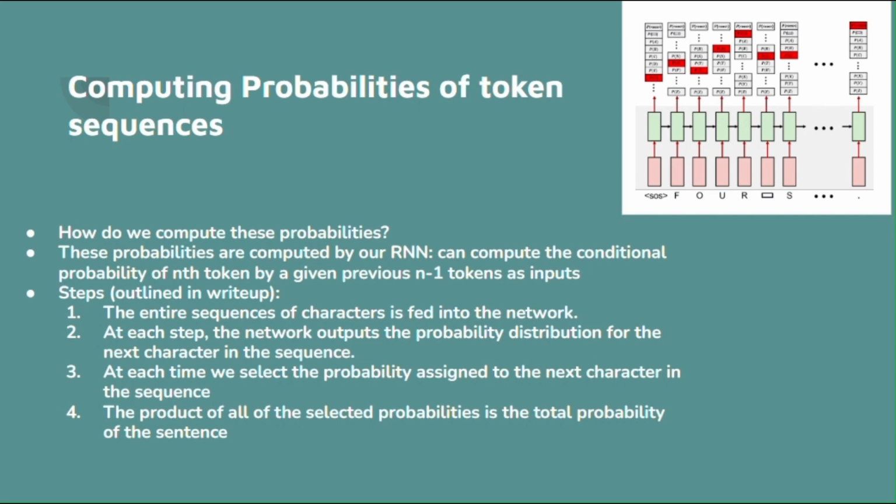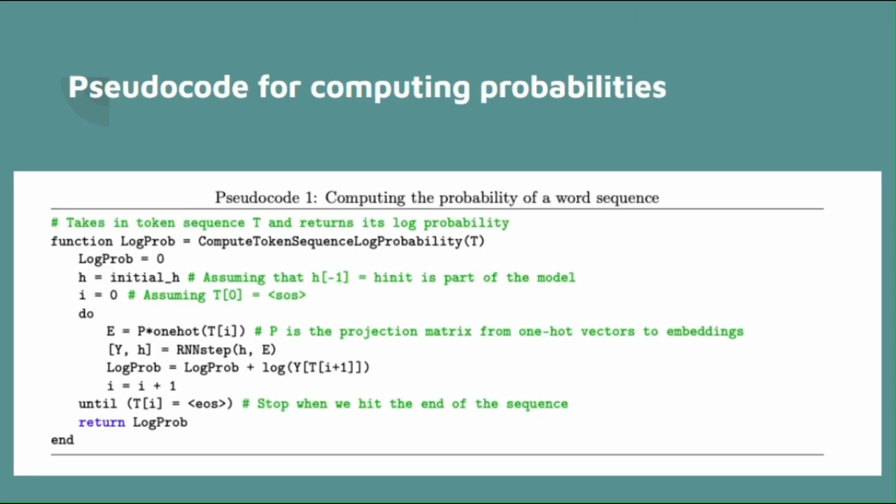Now in practice, when you keep multiplying probabilities, they will keep shrinking, right? So what we do instead is take the log of the probability of the sequence, so that you can take the log of the individual probabilities and add them all together. In pseudocode, it looks like this. You iterate over time steps. At every time step i, you convert the token t_i, where t is the sequence here, into its embedding e.